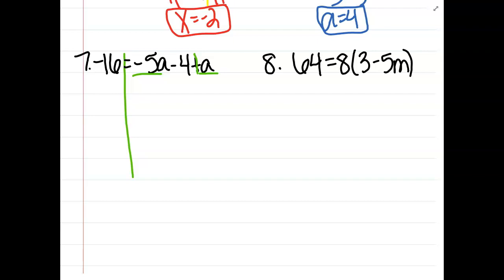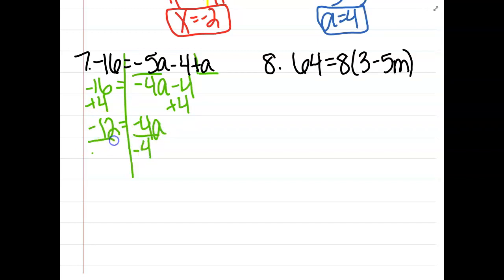You're going to take negative 5 plus 1, you get negative 4a minus 4, and then the negative 16 would drop down on the left side. We'd add 4 to both sides, so you get negative 12 equals negative 4a, and then divide by negative 4, we should get 3 equals a. Questions on 7?